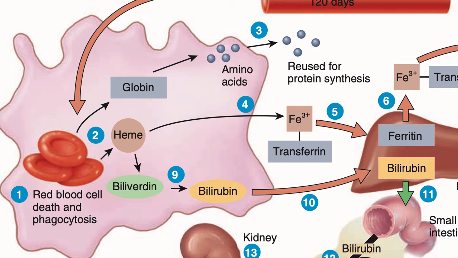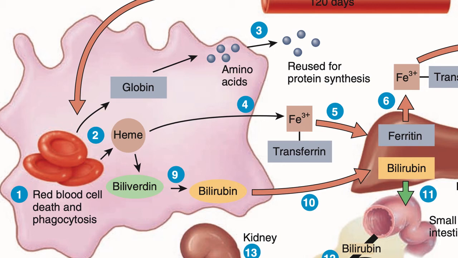So the transferrin carries the Fe3 to the different organs. It could be the muscle fibers. It could be brought to the liver cells. It could also be the macrophages of the spleen, also the liver.